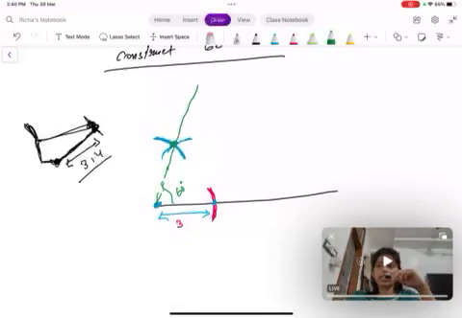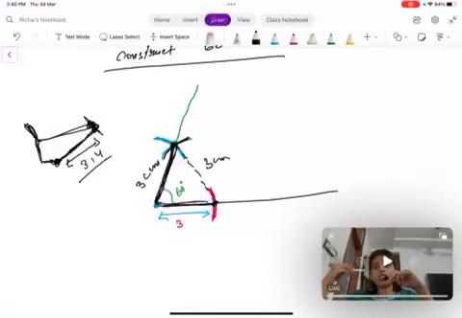How can I say that? Because I have constructed an equilateral triangle. If you look closely, this was 3 centimeters, I had cut an arc of 3 centimeters. This was also 3 centimeters. And from this as center, I cut an arc, so this was also 3 centimeters. So basically I have constructed an equilateral triangle, and this angle I have labeled as 60 degrees.